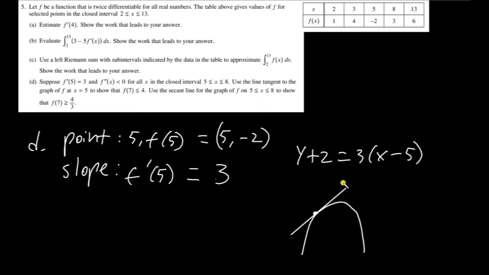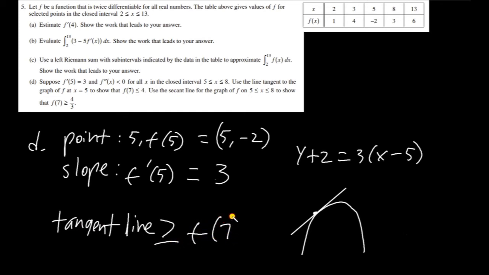So this means that this approximation, no matter what x value you plug in, is always going to be greater than the actual value, okay? So this tells us that at, for example, x equals 7, because that's the data point we're interested in, we know that the tangent line is going to be greater or equal to f of 7, okay?